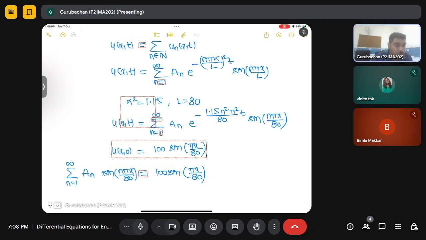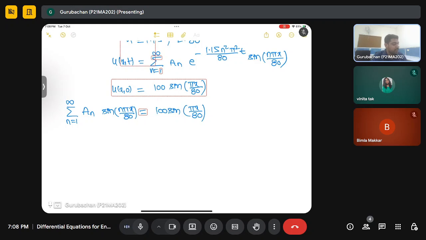So as I told you, here we again use the orthogonal property of this sine function. So what is that?